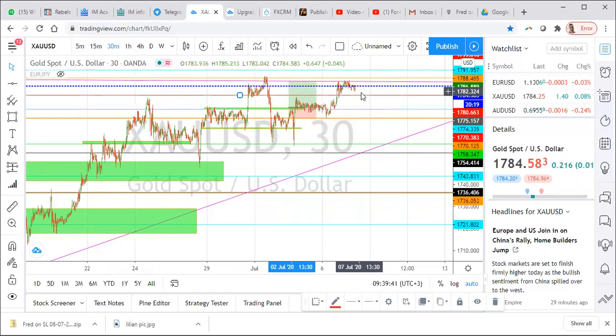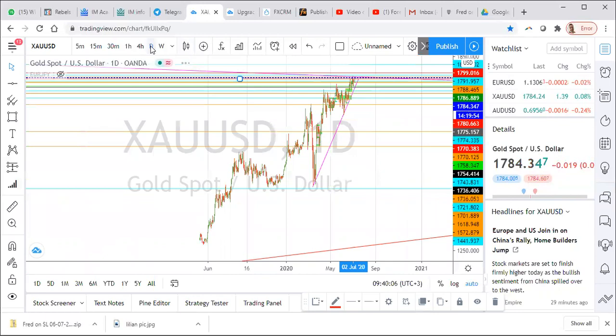It might drop before it goes up. We're still on a bearish trend short term, but it might pull back to this zone and then continue up, where the overall trend is bullish in the long term.